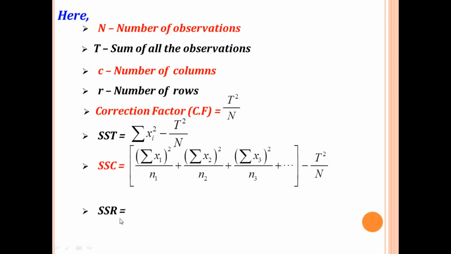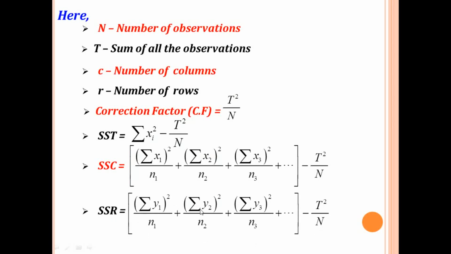Similarly, we find SSR. This is a new formula. What is SSR? The sum of squares between rows. The formula is sum of y1 whole square by n1, sum of y2 whole square by n2, plus etc., minus T square by n. Here, the sum of y1 means we are going to add all values in sample 1 row wise, not column wise. We are adding row wise, and the number of values present row wise in sample 1 is called n1.